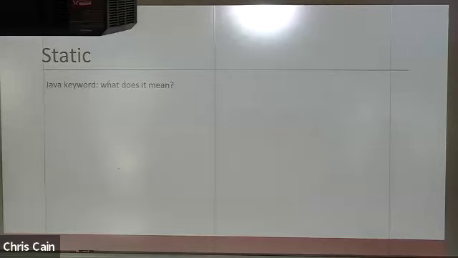Not precisely, but that's a good idea. It's a good thought. It basically means for all instantiations of this object, instead of having a copy of the thing, we're all going to refer to a singular point of existence.